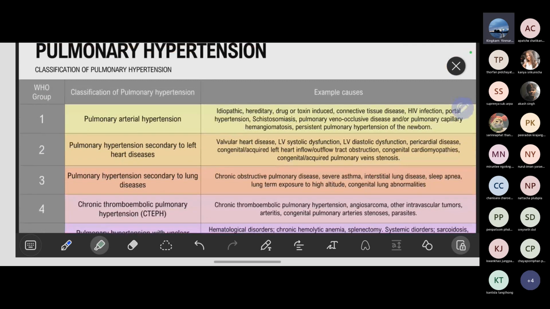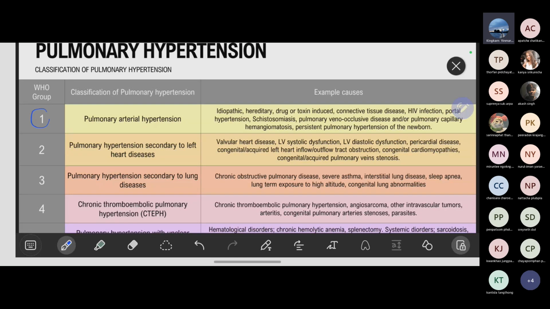And these are the classifications of pulmonary hypertension. The WHO classification of pulmonary hypertension categorizes clinical conditions into 5 groups according to clinical presentation, pathology, hemodynamic condition, and treatment. Group one is pulmonary arterial hypertension.